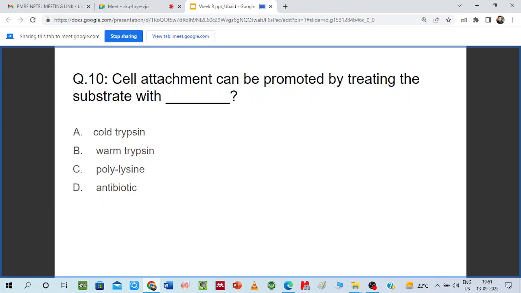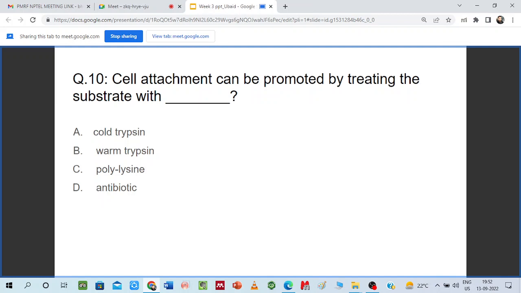In the 90s, yes, Rajesh has correctly answered: collagen. In the 90s, before the discovery that polylysine can help in the attachment of cells.